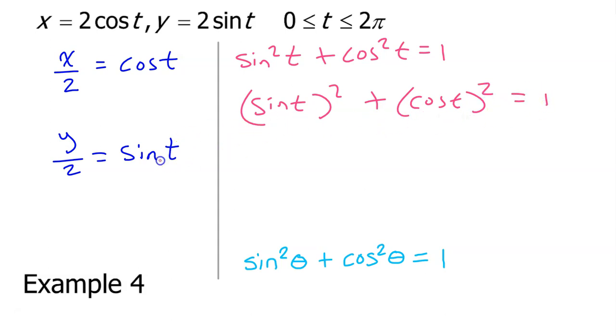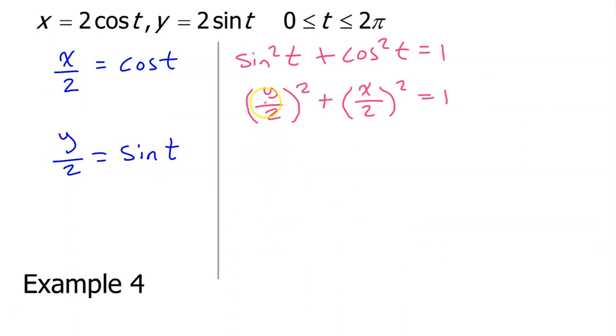So I'm going to take this and substitute in our two expressions for cosine t and sine t. So we get y over 2 squared plus x over 2 squared is equal to 1. Getting rid of the parentheses, we have y squared over 4 plus x squared over 4 is equal to 1.